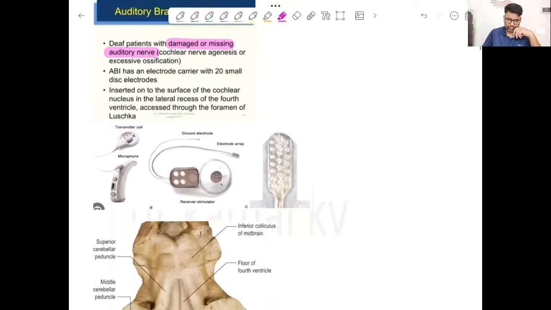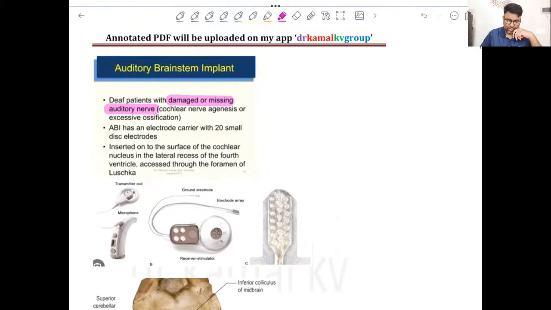And if we look at the assembly of this implant, there is a carrier, okay, and it has small disc electrodes, right? Nearly it may be around 20.